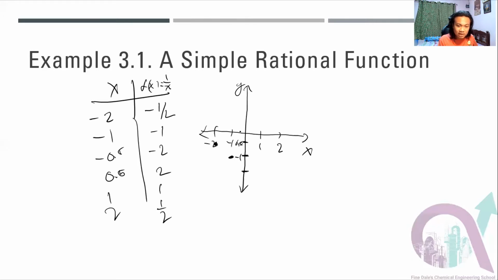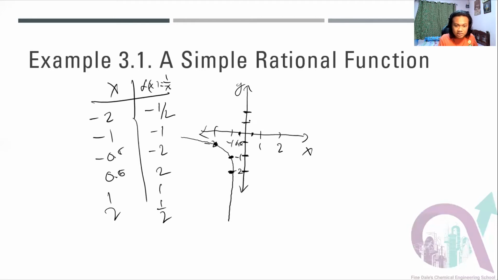So, meaning, paubos siya, no? Paubos. So, mai-connect na natin siya, ganito ang graph natin. Okay?